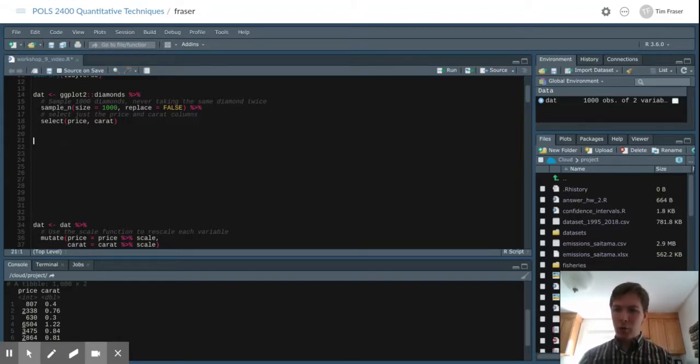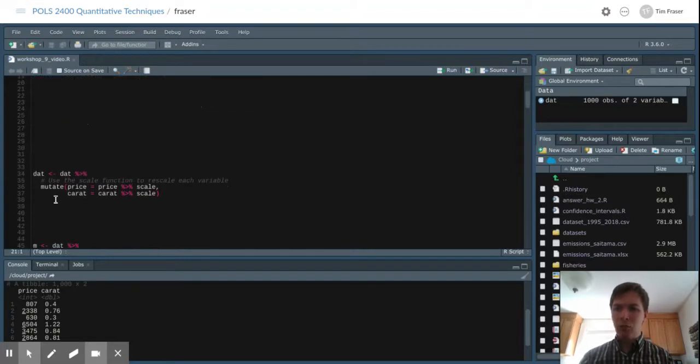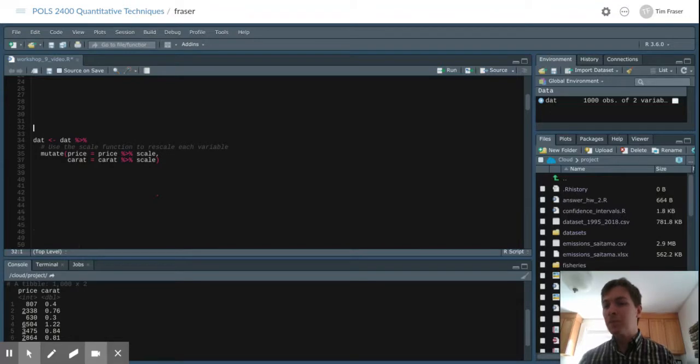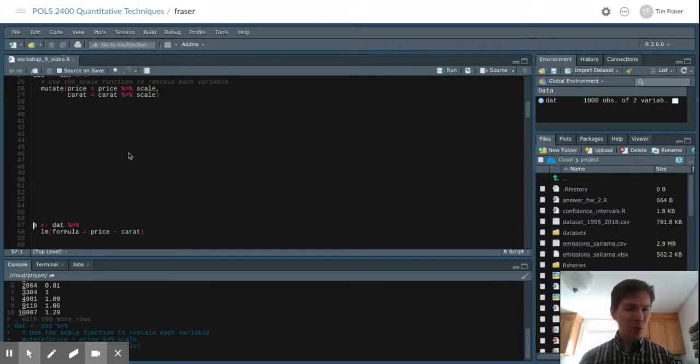We're going to do one other quick trick, which is we're going to rescale the variables. This is just going to help later with the visualizations. Later, we'll talk about rescaling. This is how you do it. So we are just going to create a z-score for each variable, which means that things go from units of dollars into units of standard deviations. Okay, boom. Don't worry about it too much.